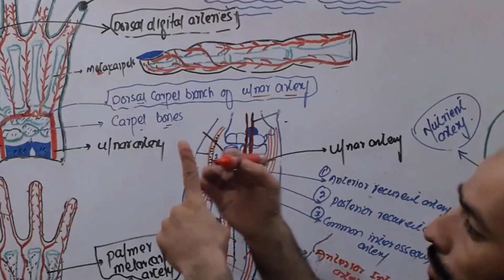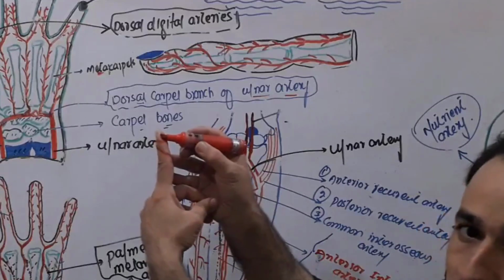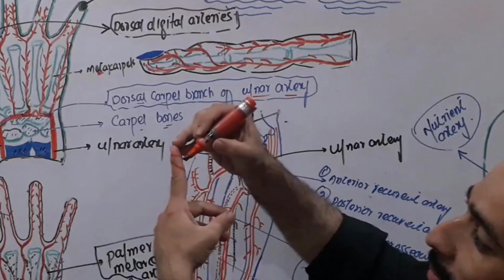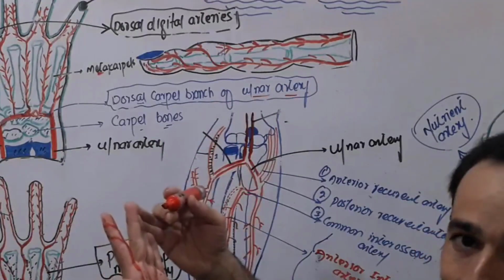Clear? So here is the middle phalanx, here is the distal phalanx. The distal and middle phalanges are supplied by proper palmar digital arteries in all fingers, right?